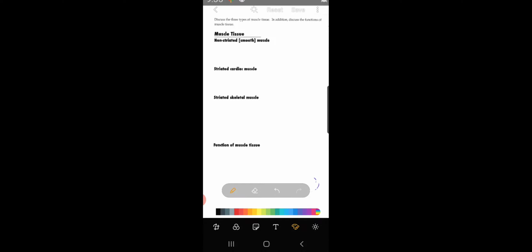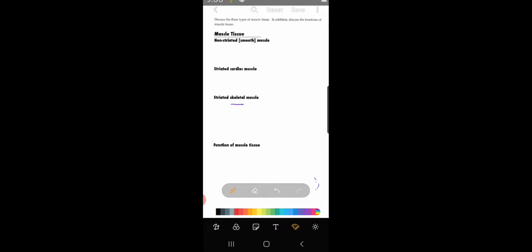So let's talk about muscle tissue. We have three types of muscle tissue in our body. And what you'll see here is I have it listed non-striated smooth muscle, striated cardiac muscle, and then striated skeletal muscle. This one at the bottom is going to be pretty easy.